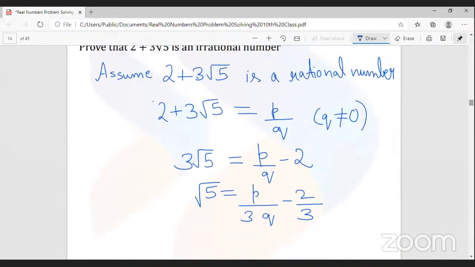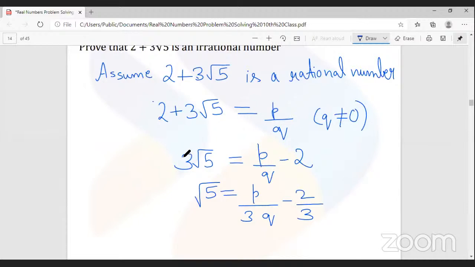I'm explaining it. So first what we did was we assumed that 2 plus 3 root 5 is a rational number. Okay, so if 2 plus 3 root 5 is a rational number, then what do we know about a rational number? Ma'am, anything that can be written in the form of P upon Q where Q is not equal to 0. Yes.